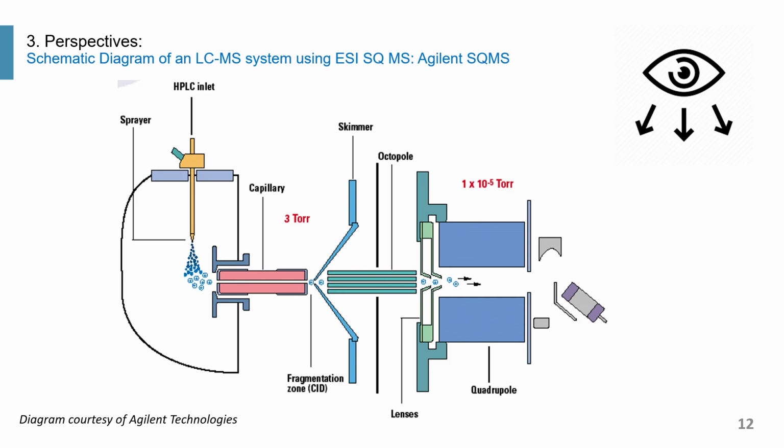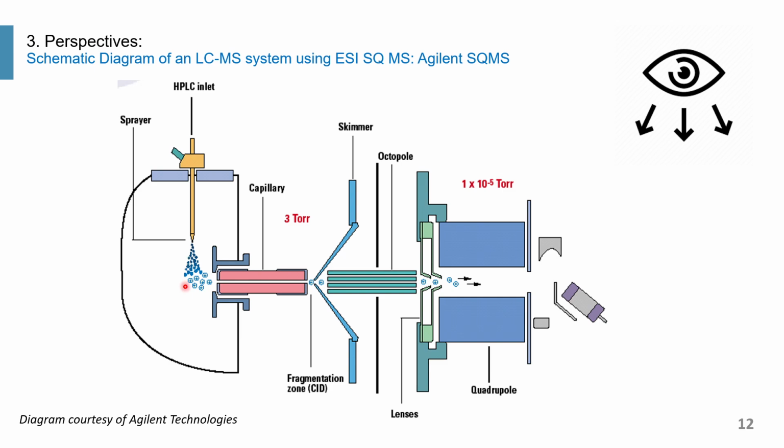In this schematic supplied by Agilent Technologies, we describe the process of ESI in a single quad. Here we have the HPLC inlet with the LC eluent, and inside here is a nebulizer with a counter flow of heated nitrogen, desolvating the solvent and ions into the vacuum, into a rough vacuum pump.